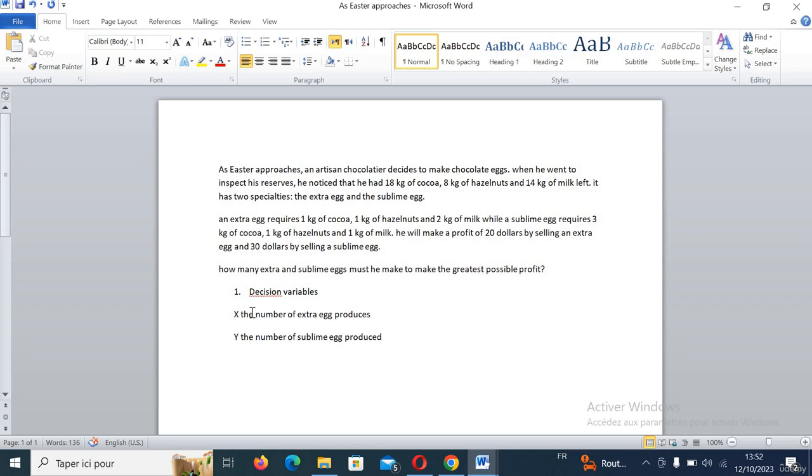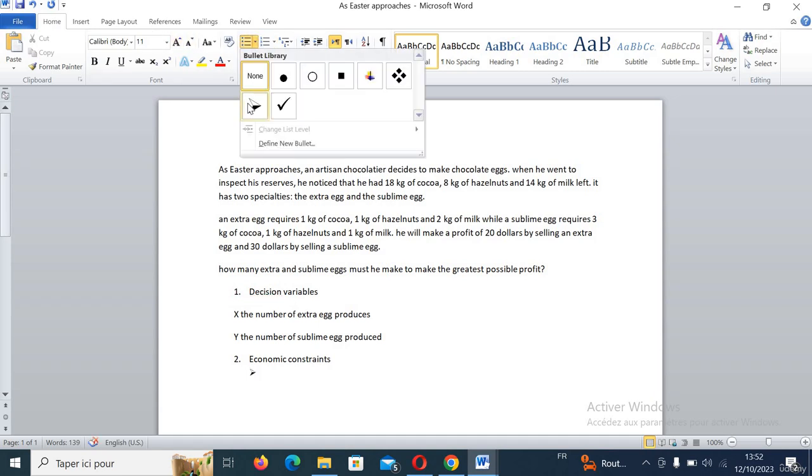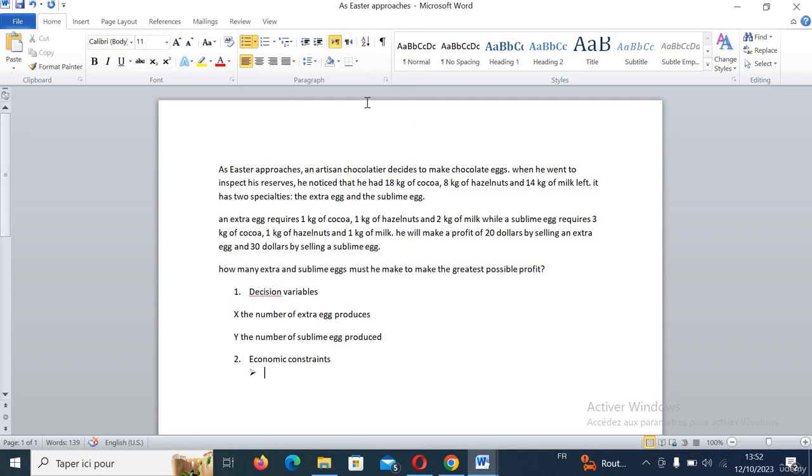So now, as we defined the decision variables, the second thing we're going to do is make the economic constraints. We'll start with the cacao. We have a reserve of 18 kg.